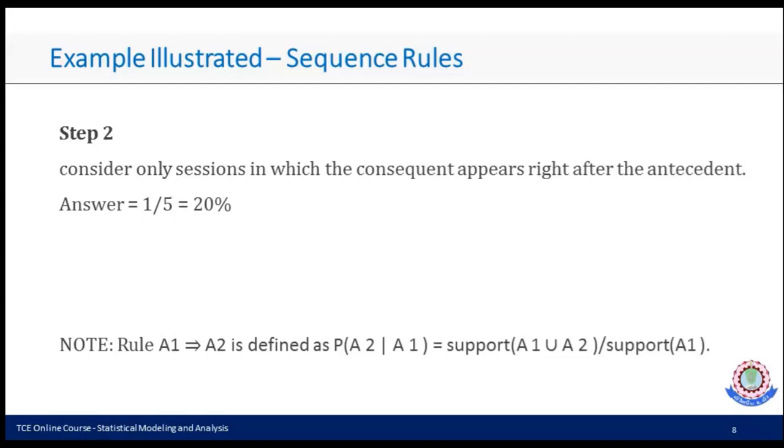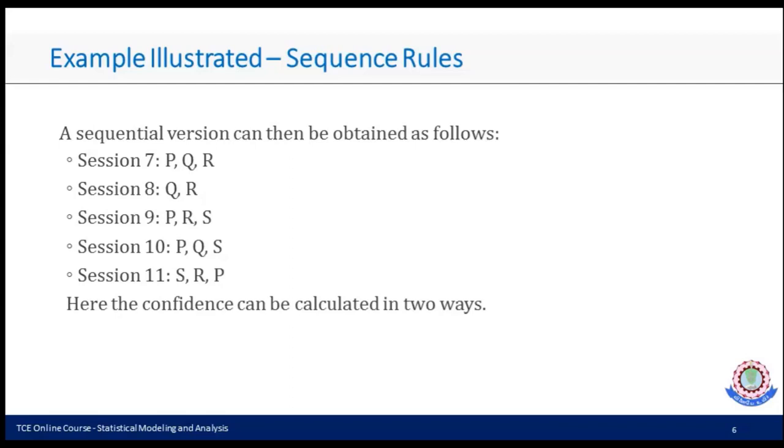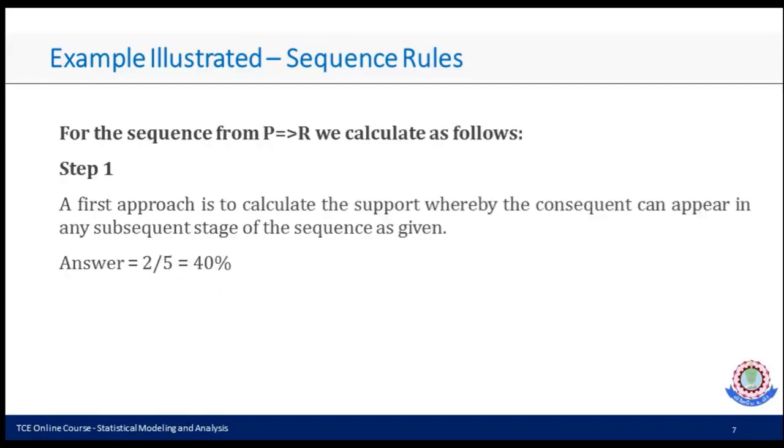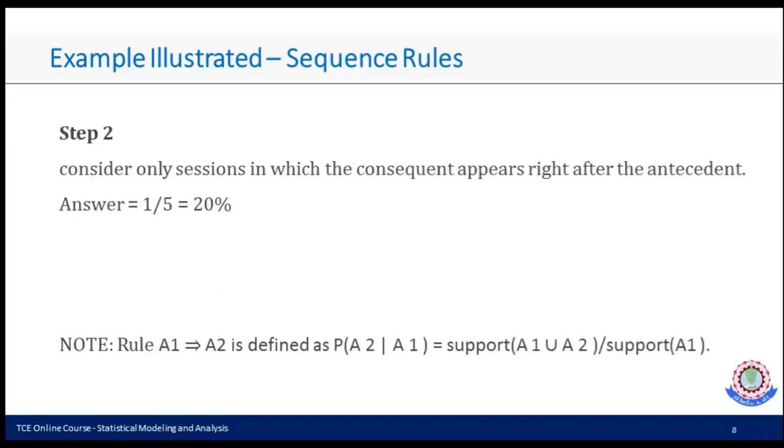For this case, we can consider session 9 alone, because this session is the only one having the page P directly followed by R. So as an answer, I can write 1 divided by 5, which is 20%. So this is the value for the second approach.